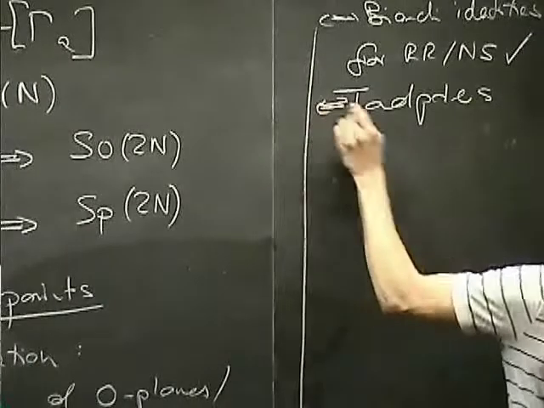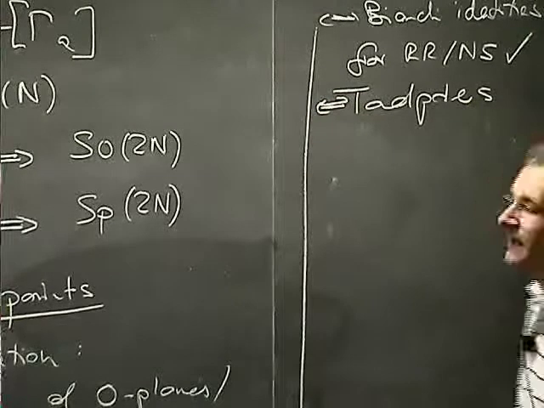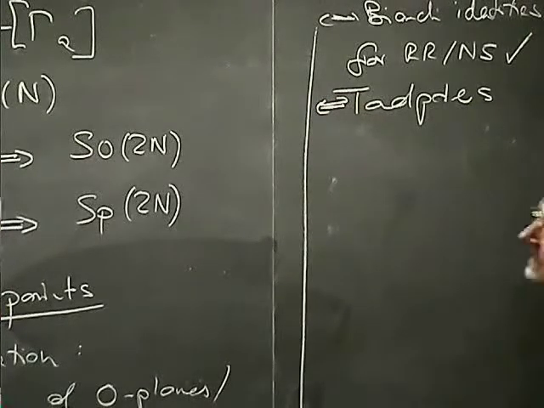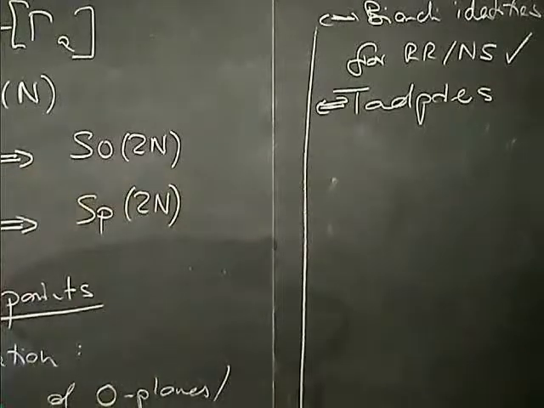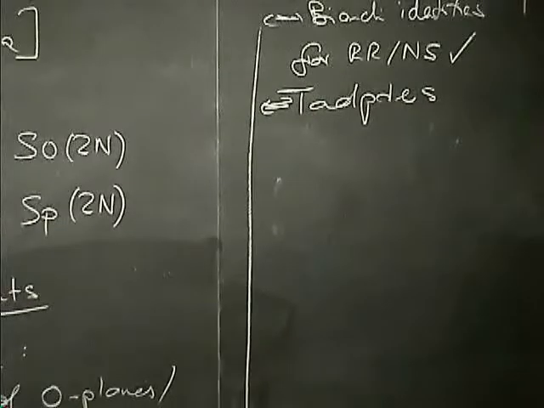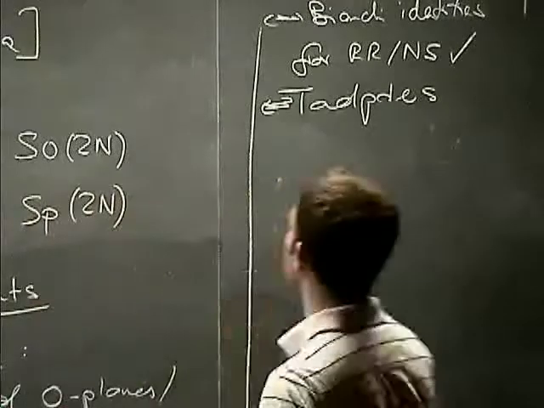For example, the 7-brane tadpole cancellation condition says that the Ramond-Ramond charge of the D-branes equals, in their sum, the Ramond-Ramond charge of the orientifold planes.